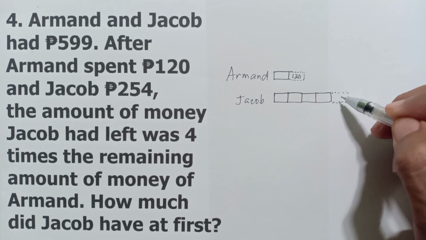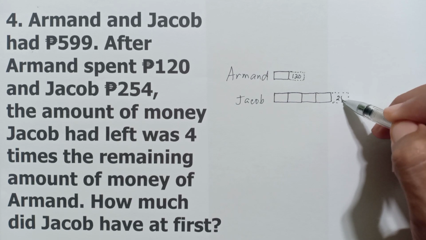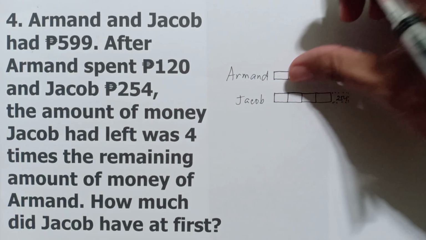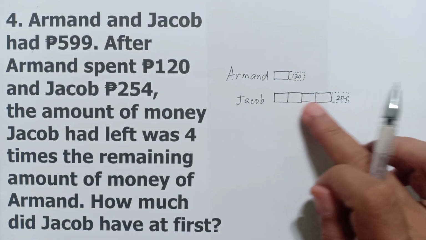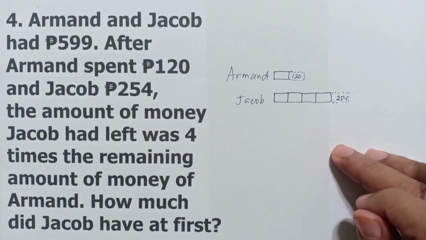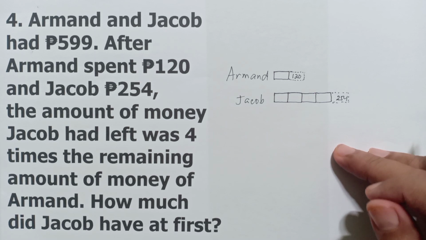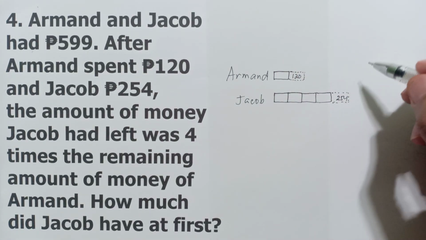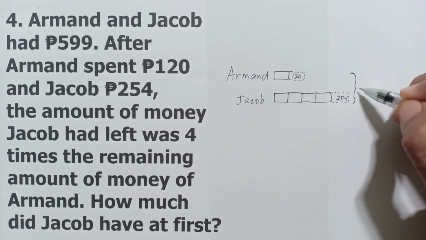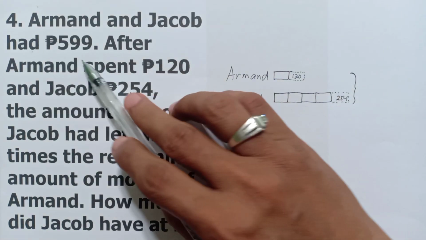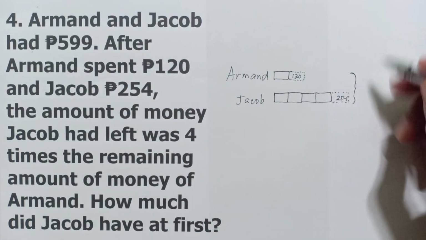He spent 254 pesos. So after they spent this, Jacob had 4 times than Armand. So before spending, the two had how much? Their total money is 599 pesos. Okay?